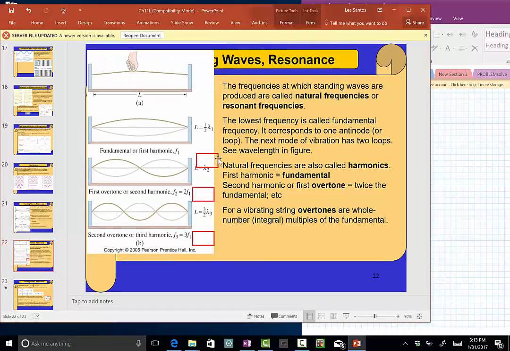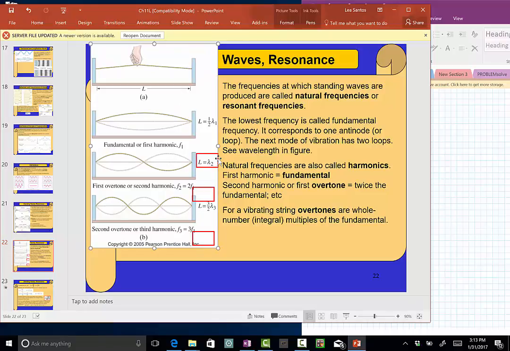Okay, now let's see the next one. What do we have is, we do see a whole wave showing up. So I'm going to say that with the whole length of the rope, I created a whole wavelength. And I'm putting this index 2 here to remind myself this is the case where I have the second harmonic.